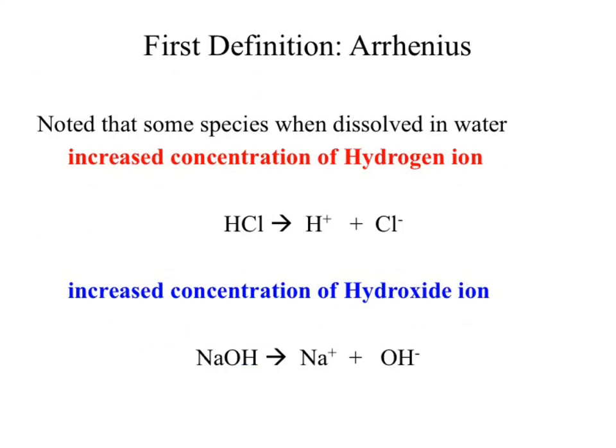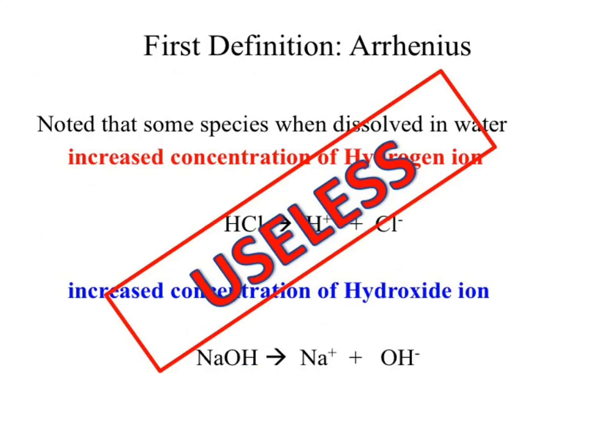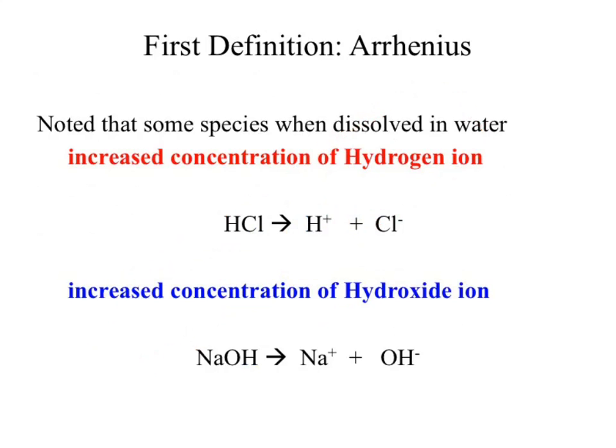Well, the first approach to this, historically maybe, was looking at Arrhenius. Before you frantically write down this definition, I just want to clarify that. We get two definitions from Arrhenius. Okay? Those definitions, we're looking at taking that species and dissolving it in water.